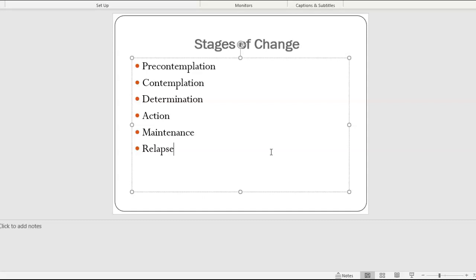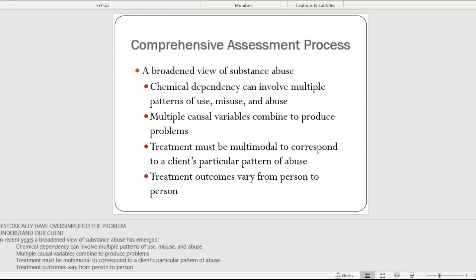They're coming to you for other things, and they want to continue to monitor their substance use behaviors and make sure that they stay in recovery, but they have other goals that they want to work on. So it's a comprehensive assessment process once you learn with your client and figure out what you're going to do with them.